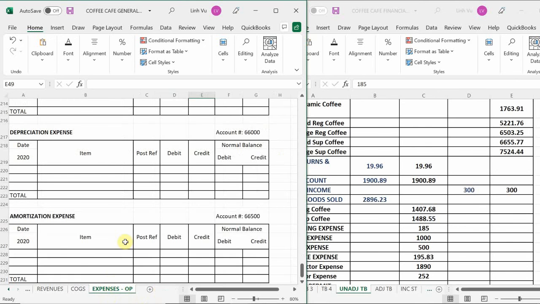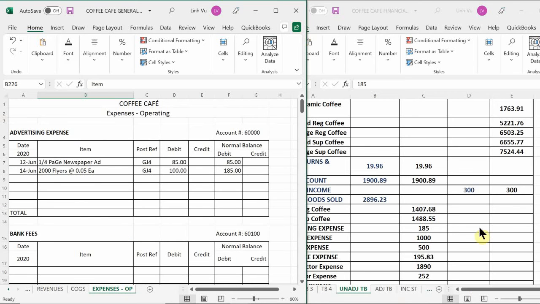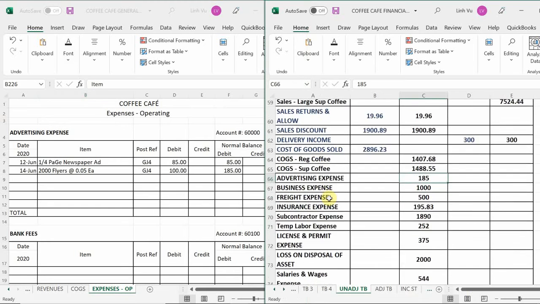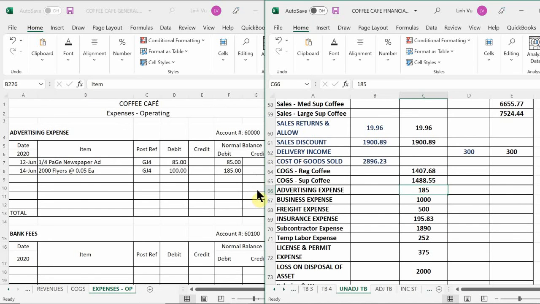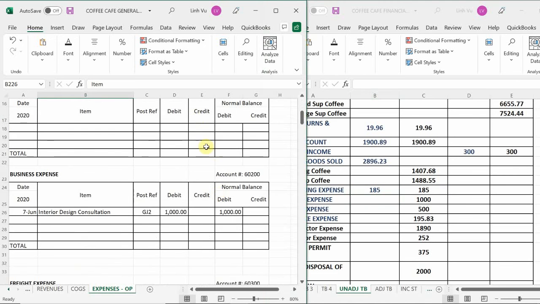So therefore, last section we have here is going to be all of our expenses. So let's go through every single one. Starting off with advertising expense, business, freight, insurance. All of those are going to be main accounts, so we can make them all blue. Starting with the first one, advertising expense is still $185. Okay. Business expense, no bank fees yet.